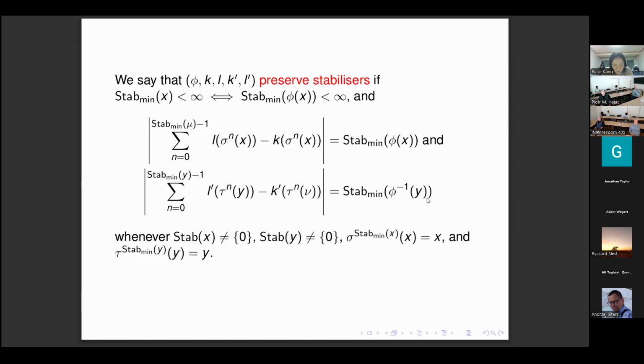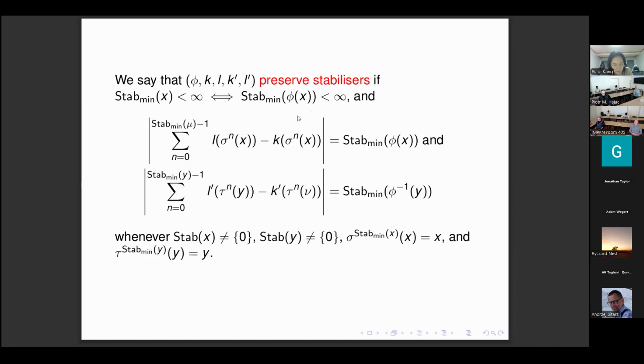So we say that a continuous orbit equivalence preserves stabilizer if the following condition holds. First, a point x in X has finite minimal stabilizer if and only if its image P(x) in Y also has a finite minimal stabilizer.